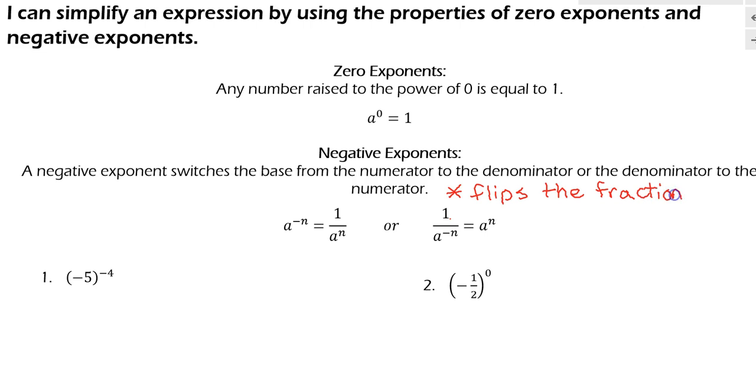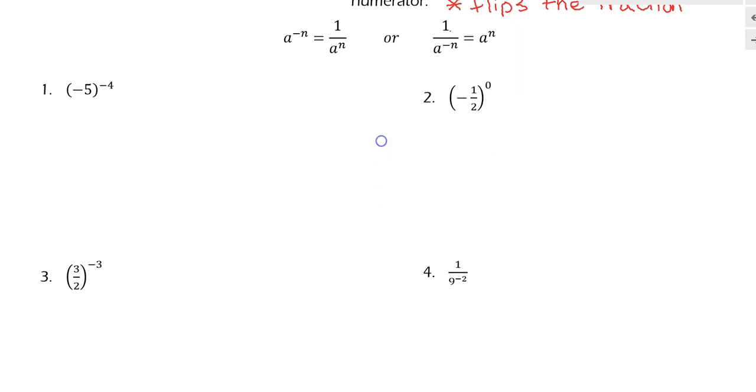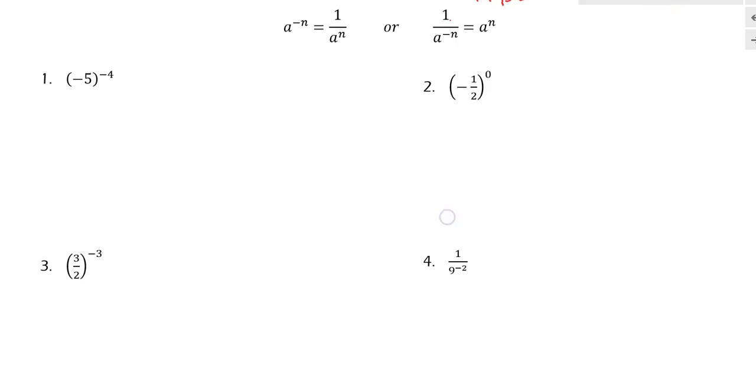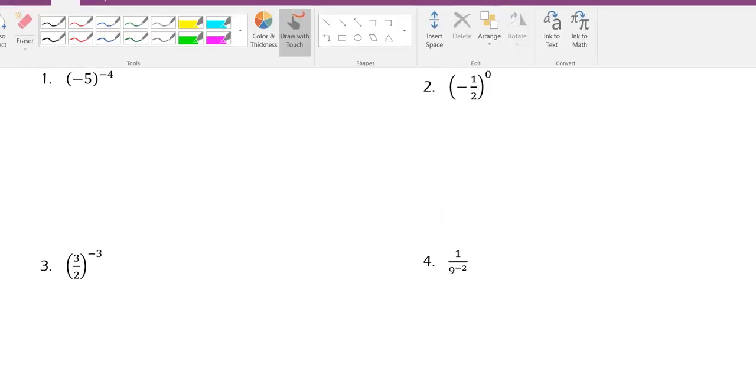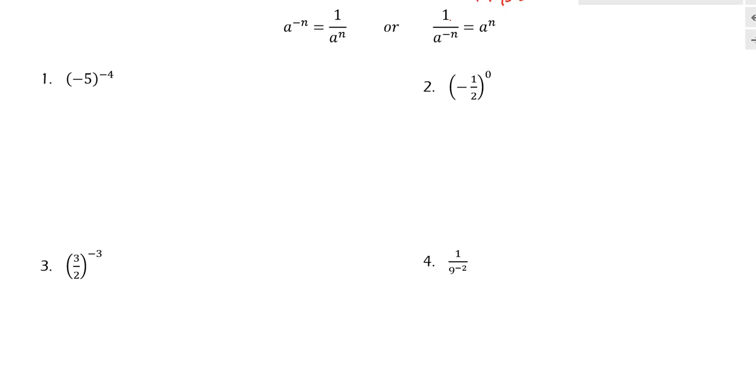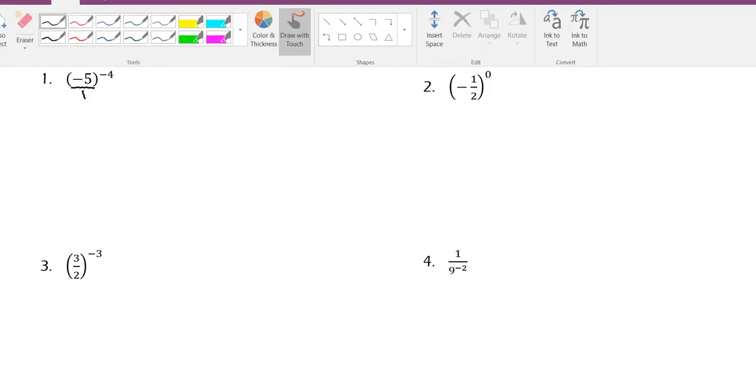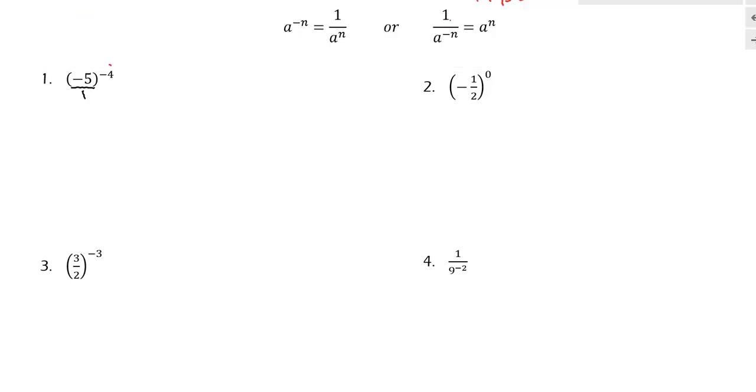Okay? So our first example, number 1, negative 5 to the negative 4th. So our base is negative 5. I can write it as a fraction, over 1. So all I'm going to do, since the exponent is negative, not because the base is negative, but because the exponent is negative, I'm going to flip that fraction.